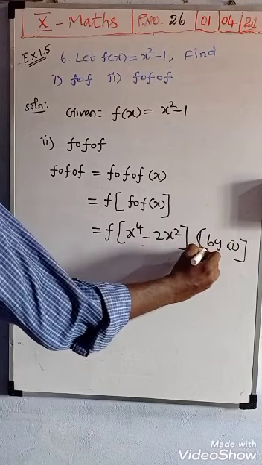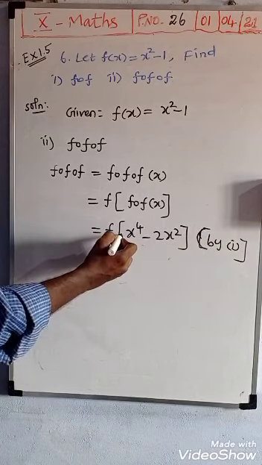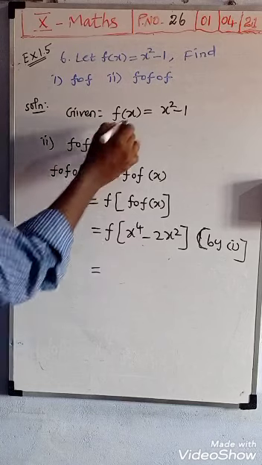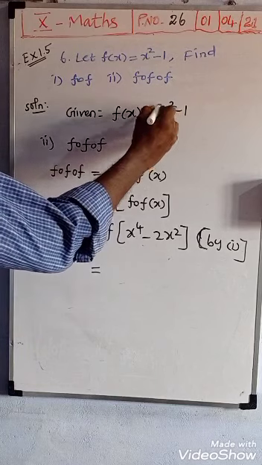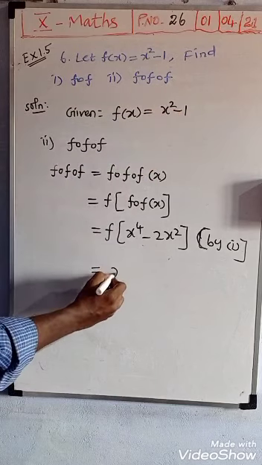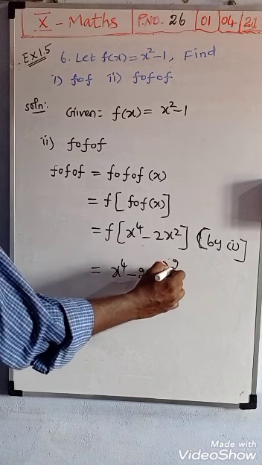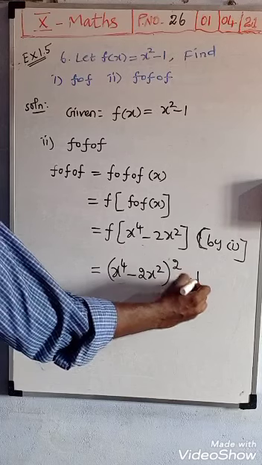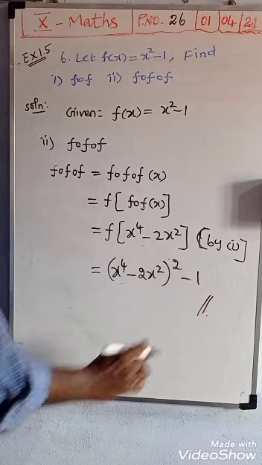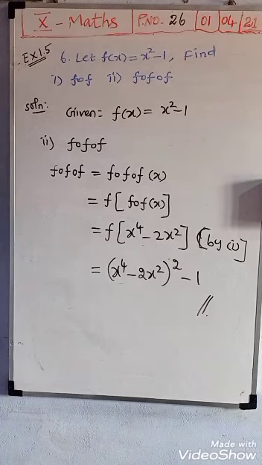Now substitute it in function f, which is x squared minus 1. So instead of x, substitute x power 4 minus 2x squared, to the whole square minus 1. There is no need to simplify, you can leave it as it is. This is the value of f composition of f composition f. That's all.